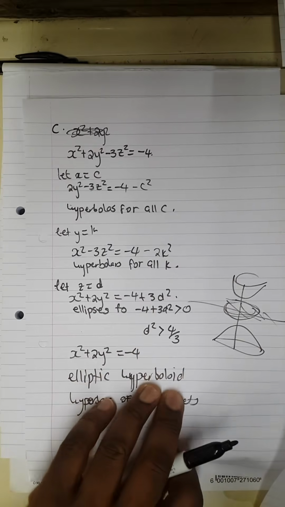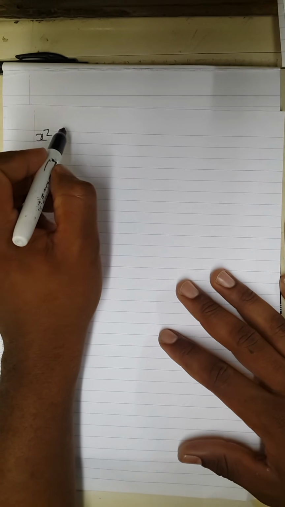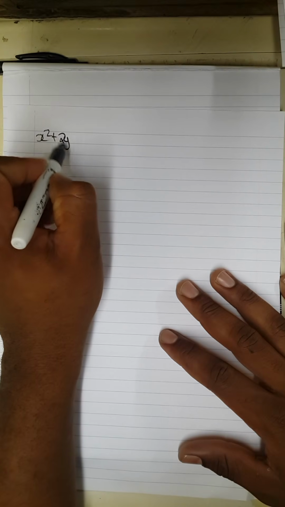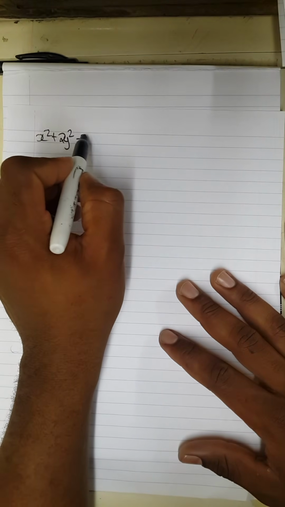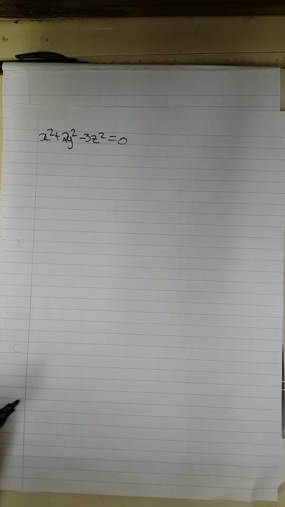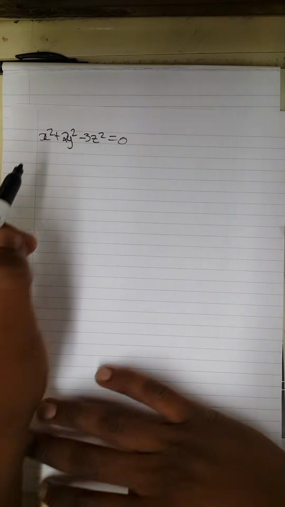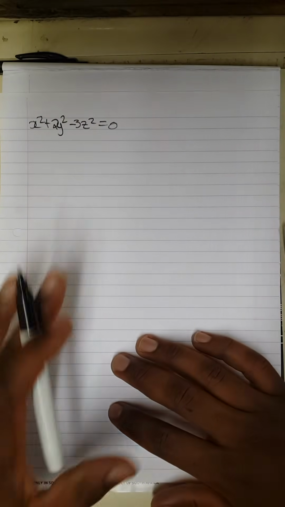Now for part D, we have something like x squared plus 2y squared minus 3z squared is equal to 0. The procedure is the same. We let everything be 0 and then determine the section we get for that.